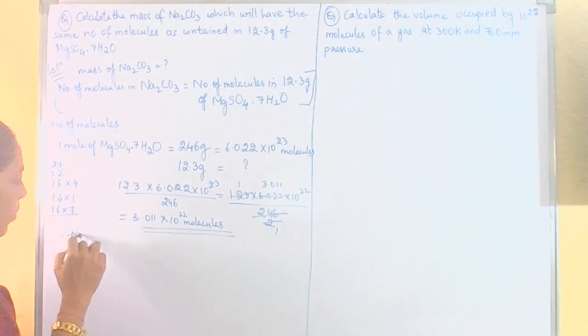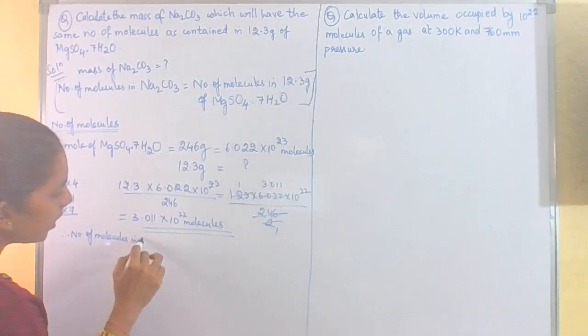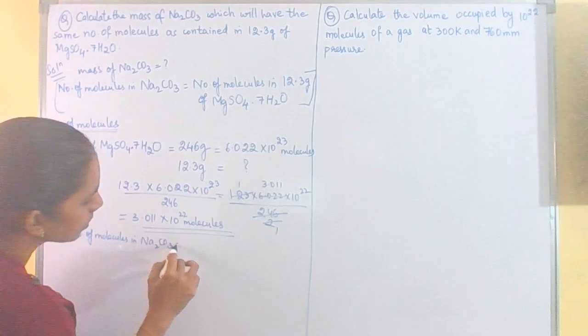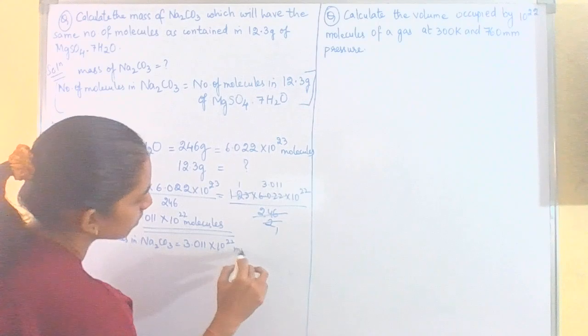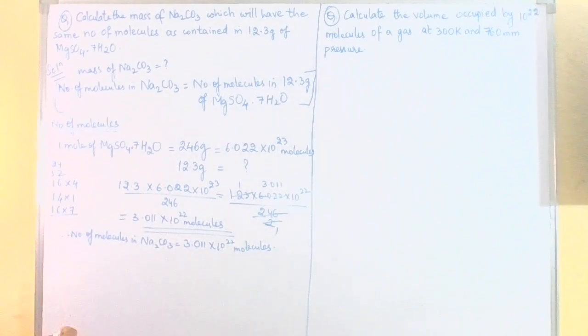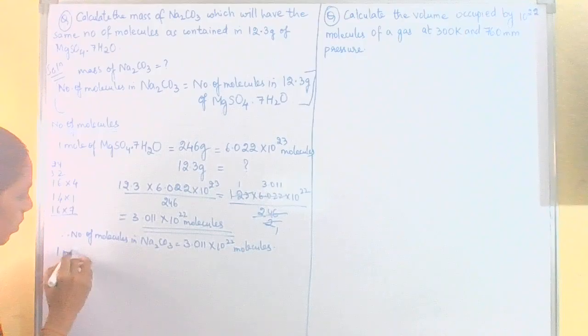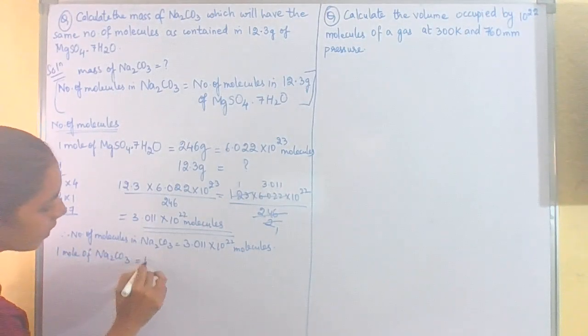Therefore, the number of molecules in Na2CO3 is 3.011 into 10 to the power 22 molecules. Now you have to find out the mass. So how do you find out the mass? 1 mole of Na2CO3 is equal to 106 grams.